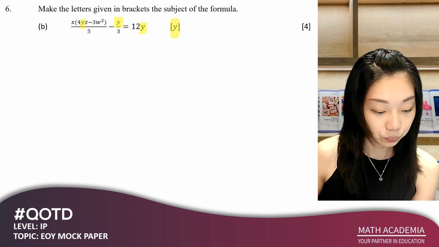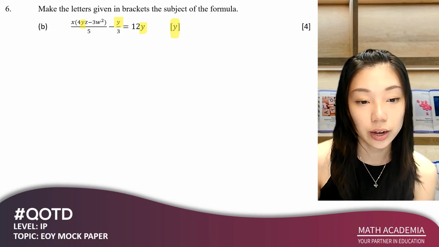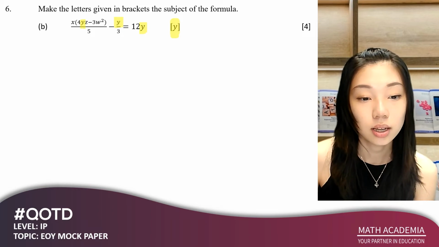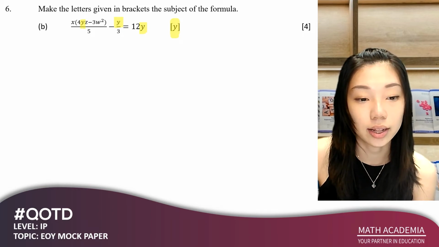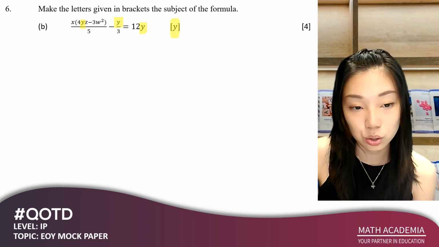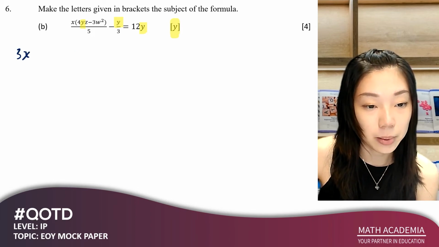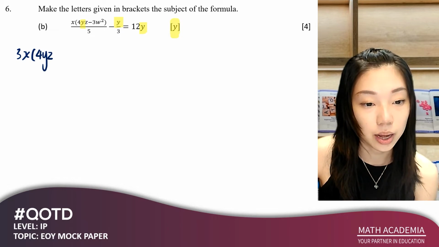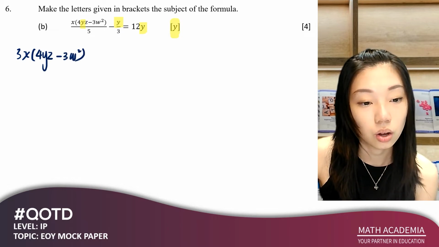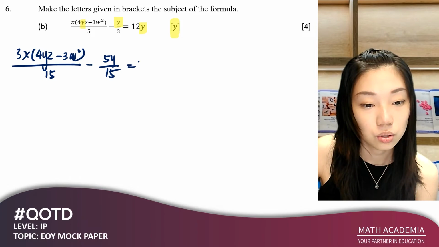What do I do? I realize that this expression is a mixture of fractions and whole numbers. So first let's try and express this as one layer of the equation. So I will merge my two fractions. I will have 3x multiplied by 4yz minus 3w squared over 15 minus 5y over 15 equals 12y.